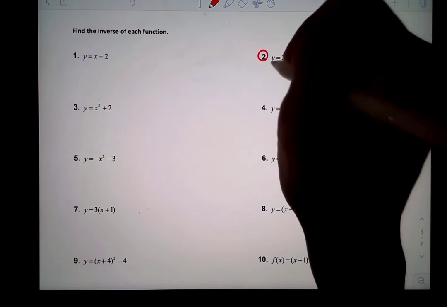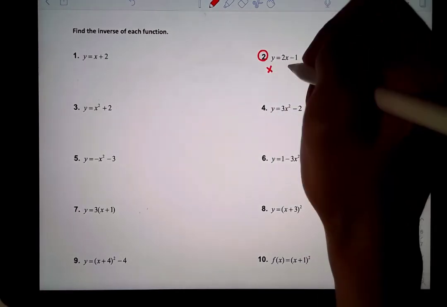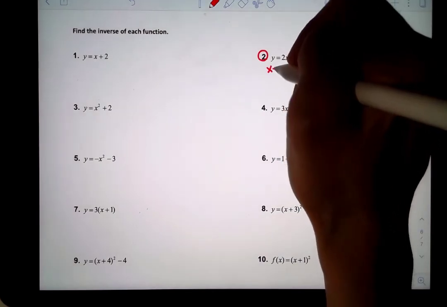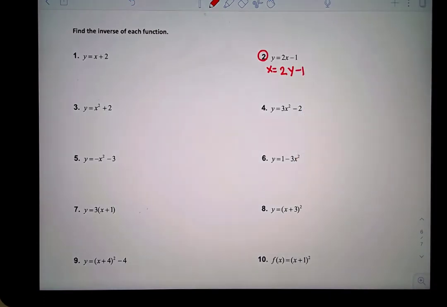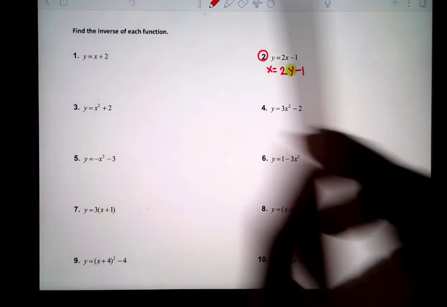Right? We switch x and y. So you write x for y, you write y for x. But other things exactly the same, like this. Okay? And then we need to solve it for y. So that means you isolate this y only.